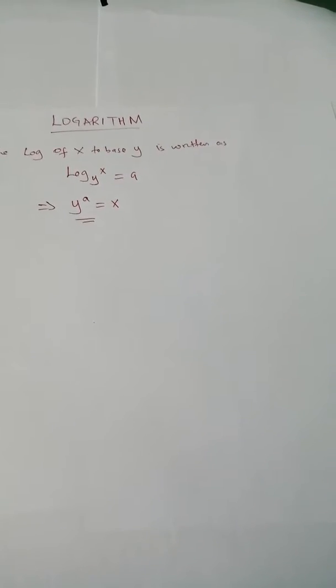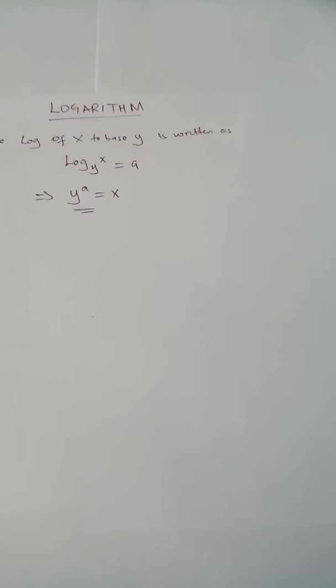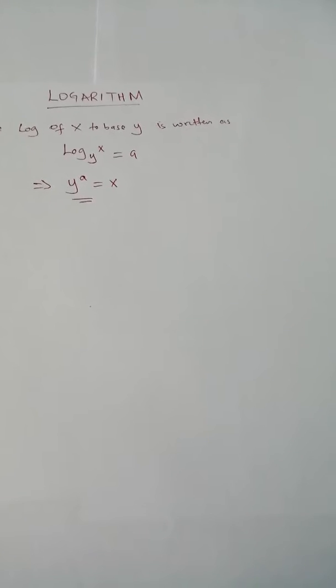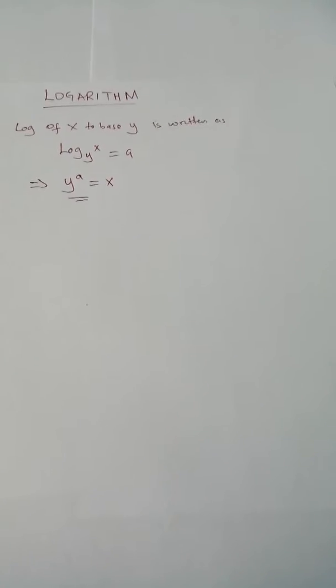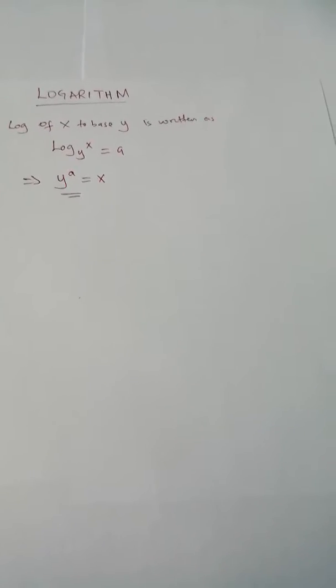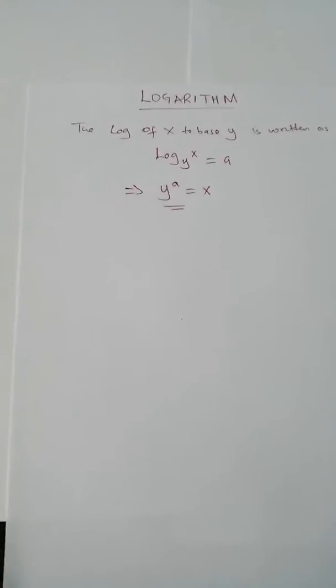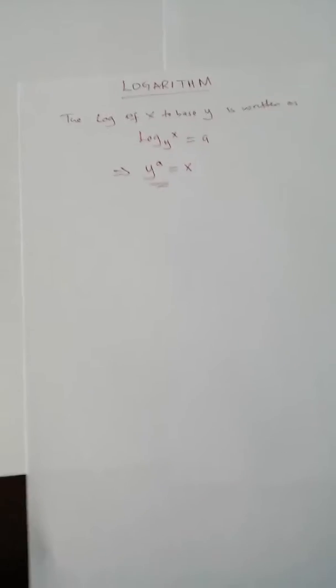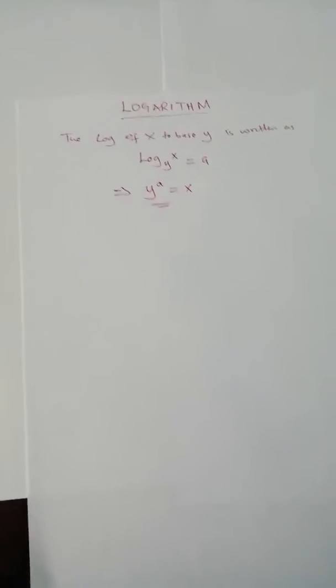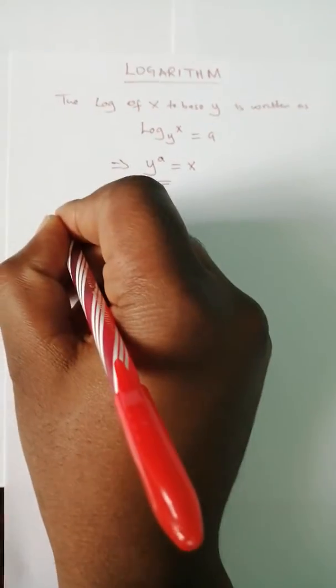Now we go to types of logarithms. There are two main types of logarithm, or we could say three, but the main ones are two. The type of a logarithm is determined by the base. So we have the common log.